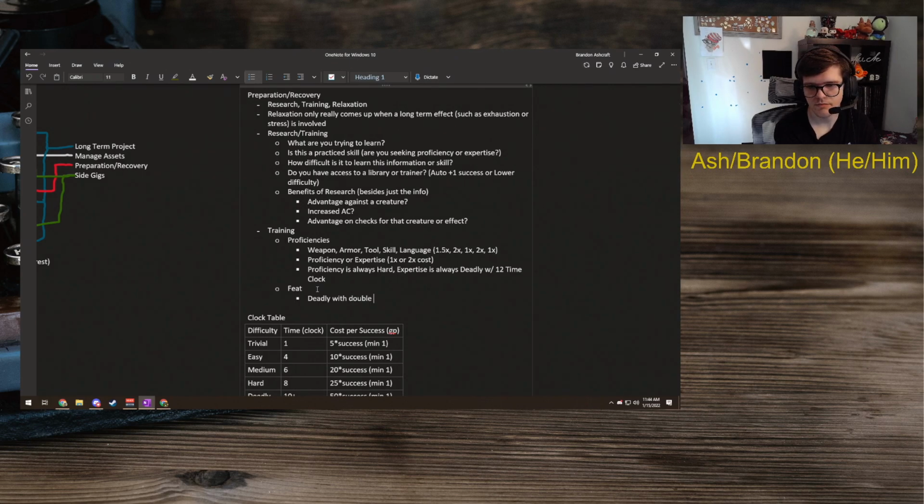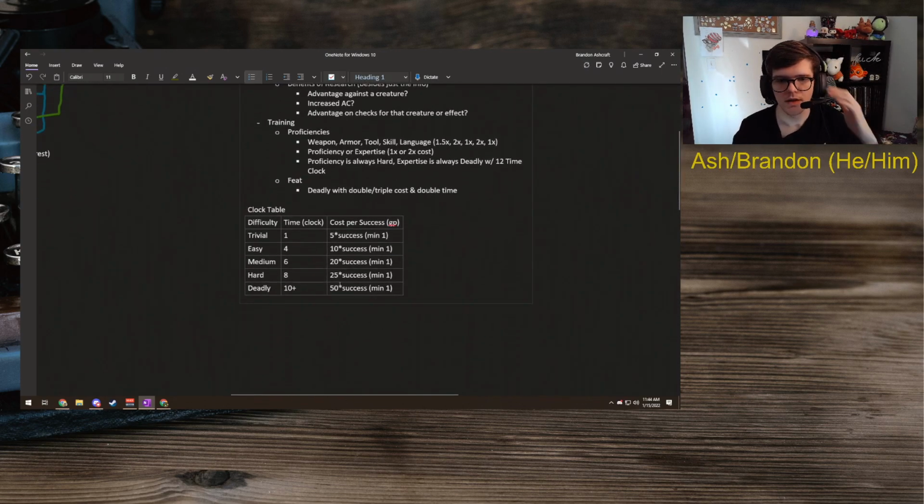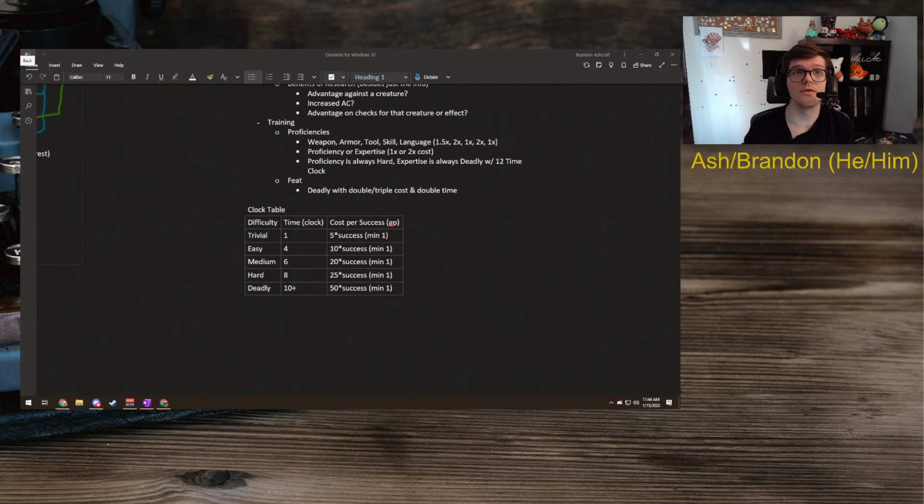Deadly with double/triple cost and double time. Feats are supposed to be hard to get, and if you're spending money to get them, that's great, but you need to know what you're getting into.